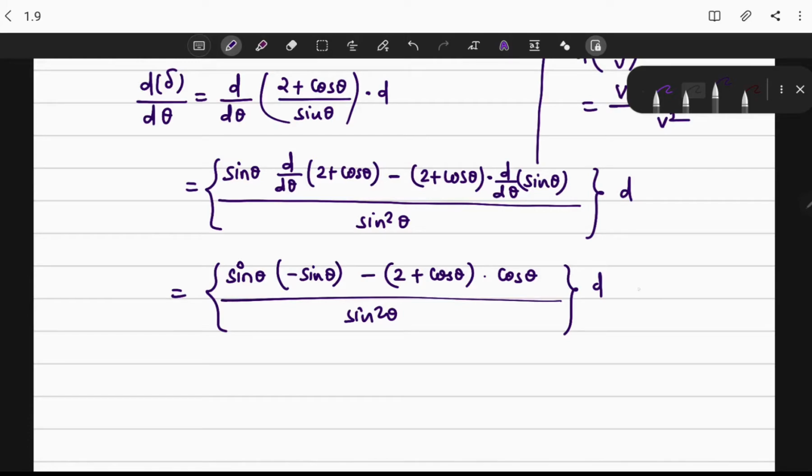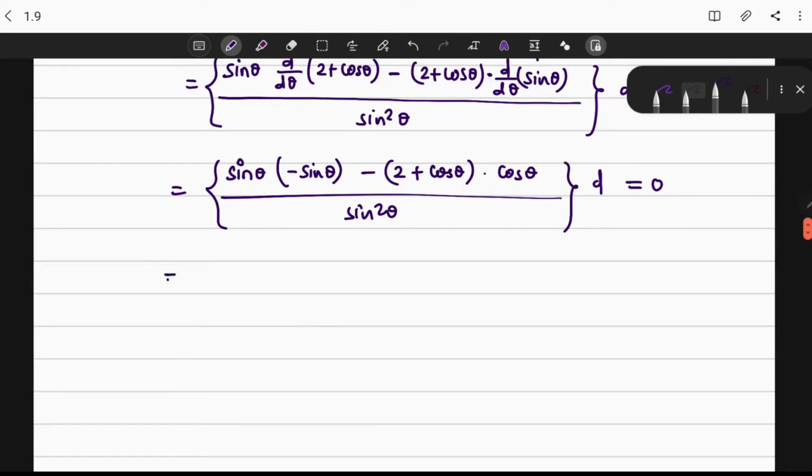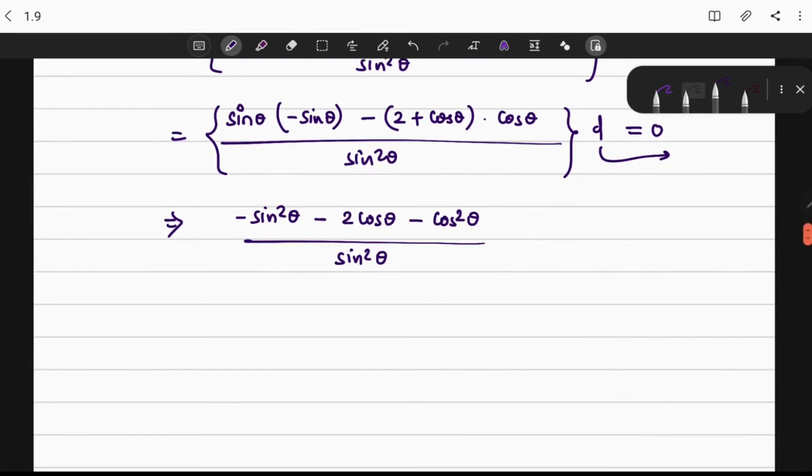We equate it to 0 because we want to minimize the drift. So we get minus sin square theta minus 2 cos theta minus cos square theta, whole divided by sin square theta, and we move the d to the other side.